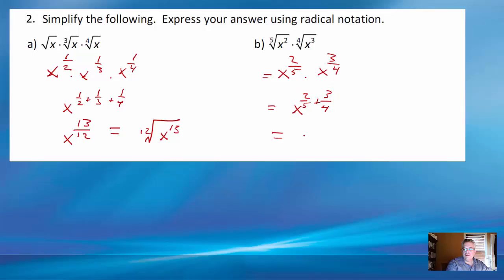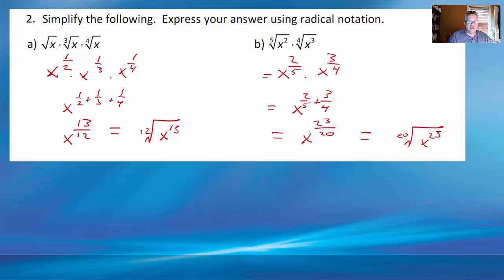I believe we get 23/20. So x to the 23/20. Now we want to rewrite that as a radical. We started with radicals. Our goal is to end with a simplified radical. So this would be the 20th root of x to the 23. Crazy, but once you get the hang of it, it's not too bad.